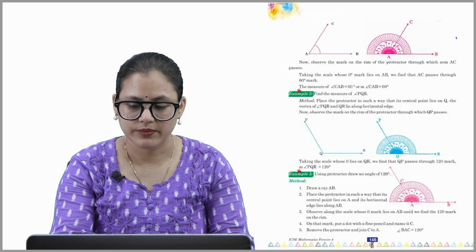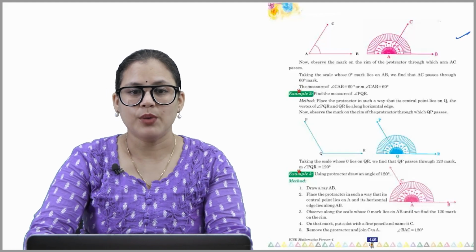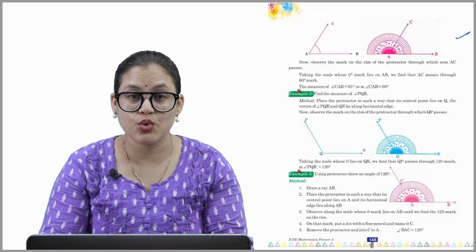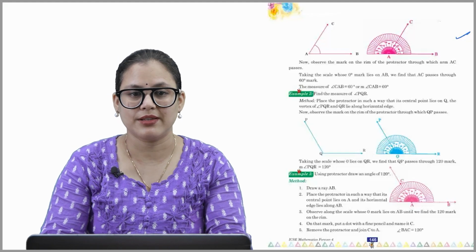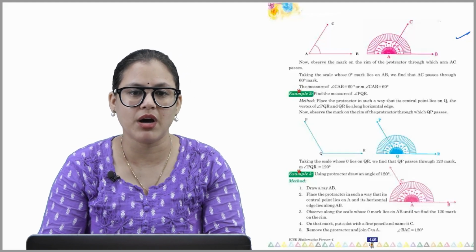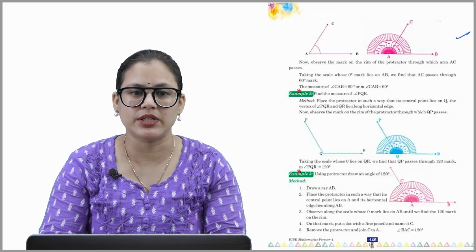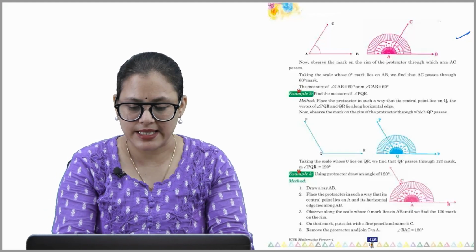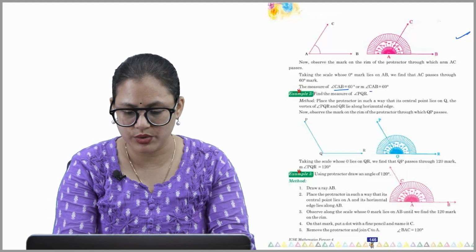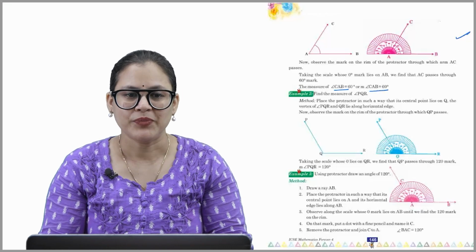See, it is shown here. Now observe the mark on the rim of the protractor through which arm AC passes. Taking the scale whose 0 degree mark lies on AB, we find that AC passes through the 60 degree mark. The measure of angle CAB is equal to 60 degrees, or you can also write it like this, okay.